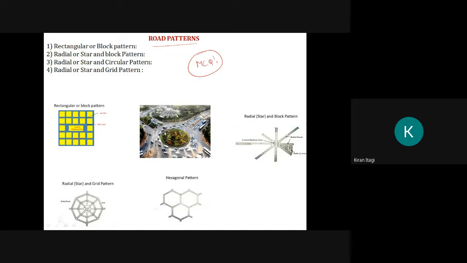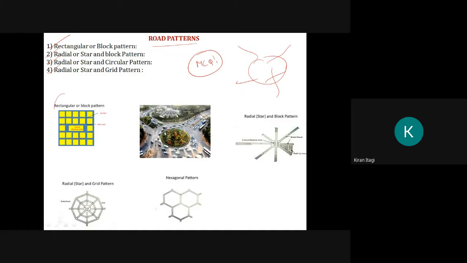So here we have seen about the roads. From an area, roads move in different directions, and those are all considered in a geometric way. So we have different patterns: rectangular or block pattern, radial or star pattern, radial or circular pattern, and radial or grid patterns.